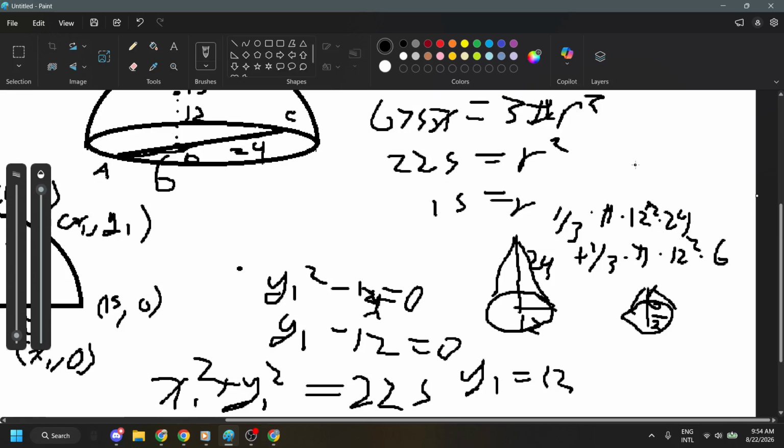So we can factor these out, and we get 24 plus 6, which is 30. So we get 30 times this, so 1/3 of that is 10. So it's going to be 1440 pi, and K is 1440. Let me check.